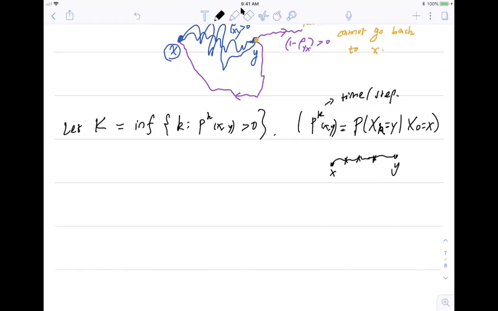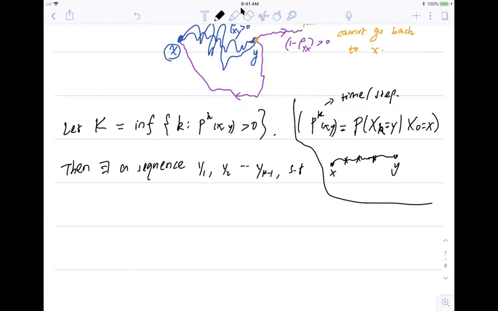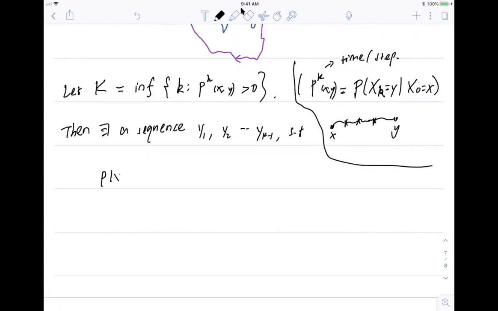Okay. So then we have a path. There exists a sequence y1, y2, up to y_{k-1}, such that p_{x y1} p_{y1 y2} ... p_{y_{k-1} y} is bigger than 0.